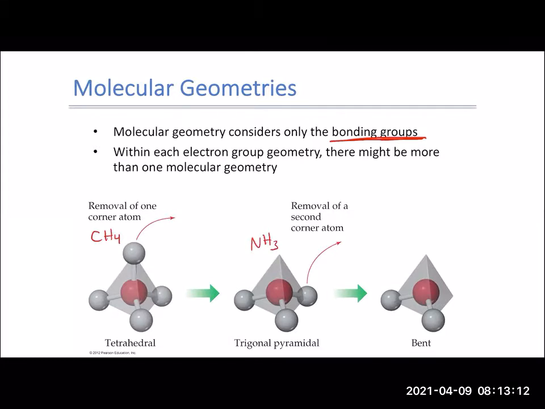And then finally, if I remove a second atom, now I have a bent shape. And you can see it kind of looks bent between my three atoms here. There would be a lone pair here and here. And this could be something like the water we just saw. So you can see for molecular geometry, all we do is we start with the electron domain geometry or electron group geometry, and then start removing atoms, and we get our different molecular geometries.